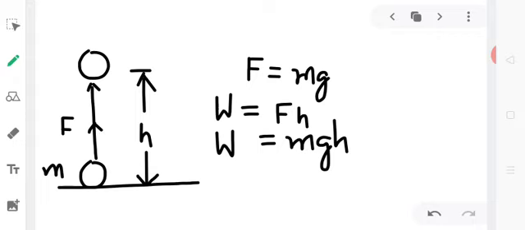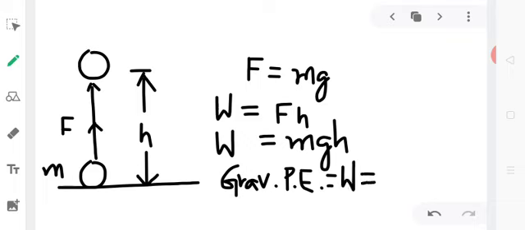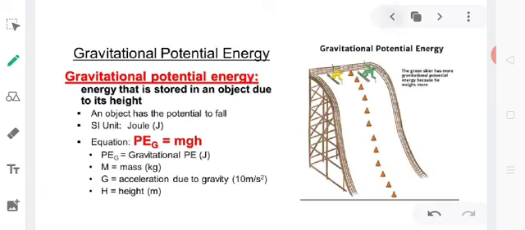Hence, gravitational potential energy of the body is equal to the work done, and that is equal to mgh, as you can see in the previous page also.